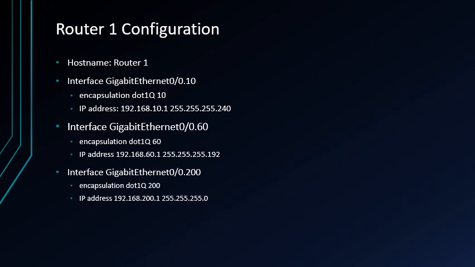The IP address was 192.168.60.1, and then the subnet was 255.255.255.192. For interface gigabit ethernet 0.200, we used encapsulation dot1q 200. The IP address was 192.168.200.1, and the subnet was 255.255.255.0.